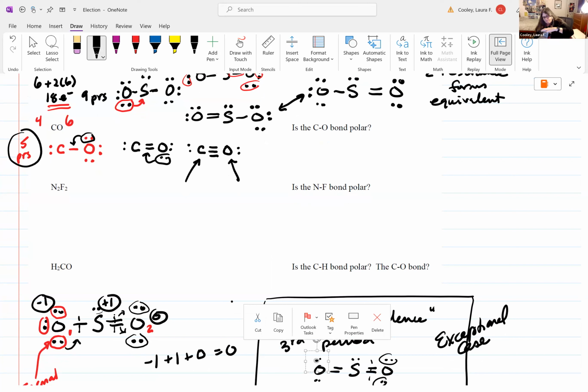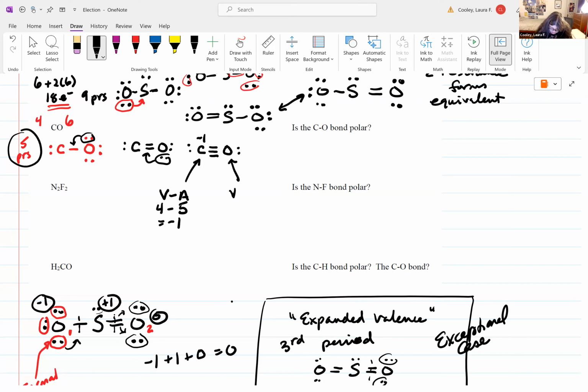So it's 5 actual, compared to the 4 valence. So this is valence minus actual. Valence is 4. Actual is 5. So that's -1.